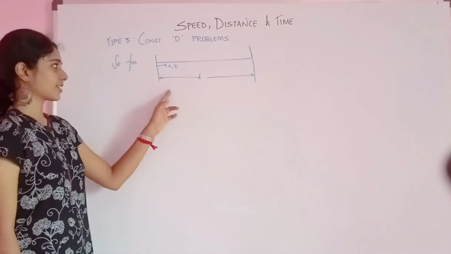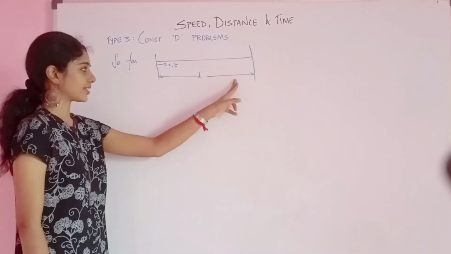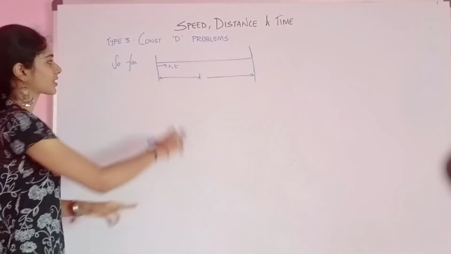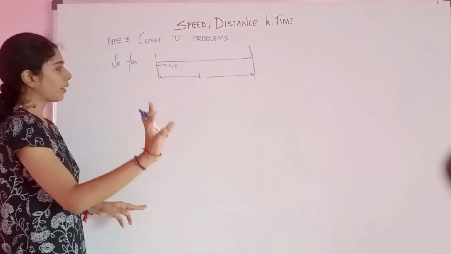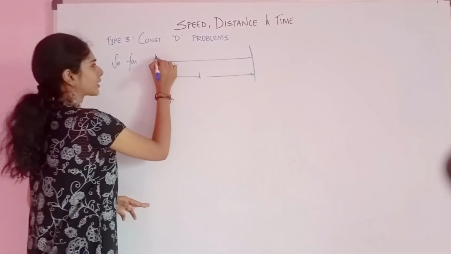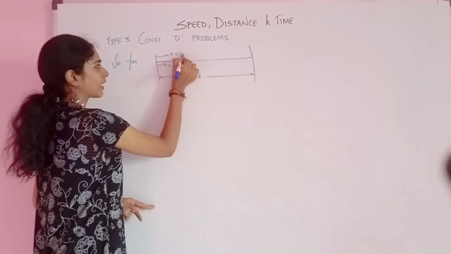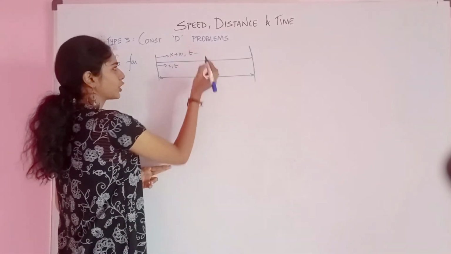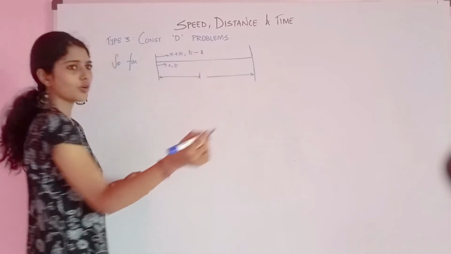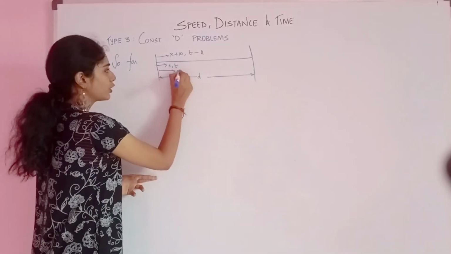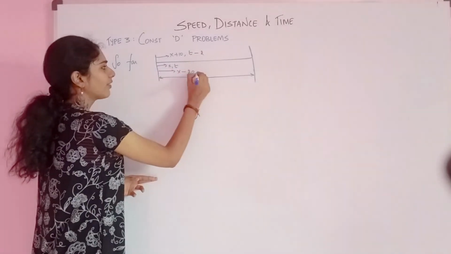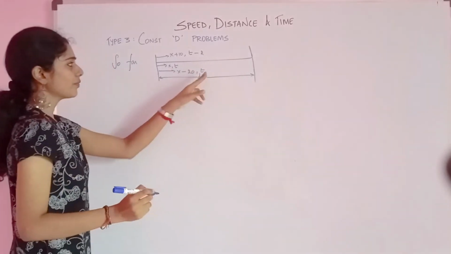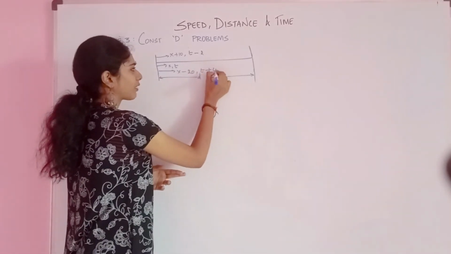So far we saw instances like this. There was a constant distance and originally a person was traveling at a speed of x and time t. But then the person has incremented his speed by 10 or whatever, and so his time has reduced by 2 hours or so. Or if he reduces his speed by 20, his time got incremented by 4 or something like that.